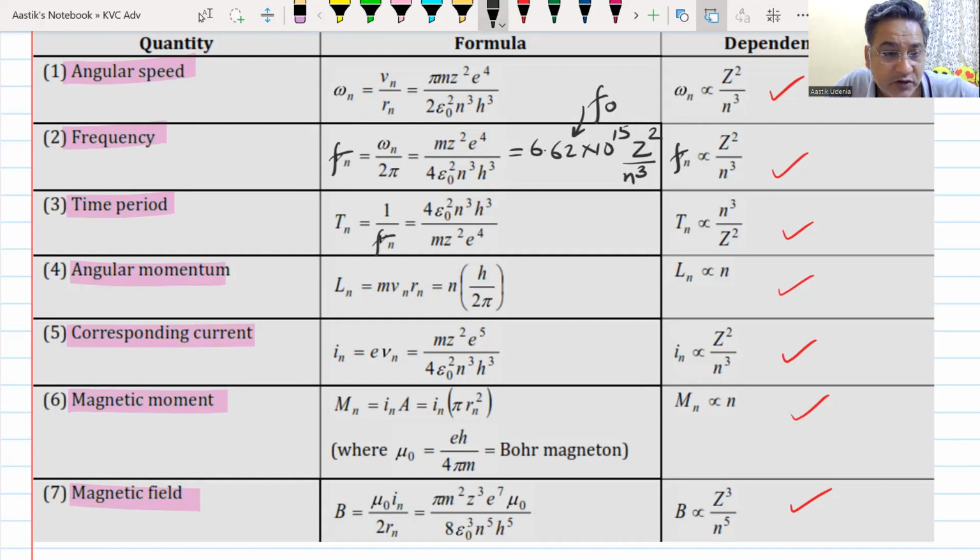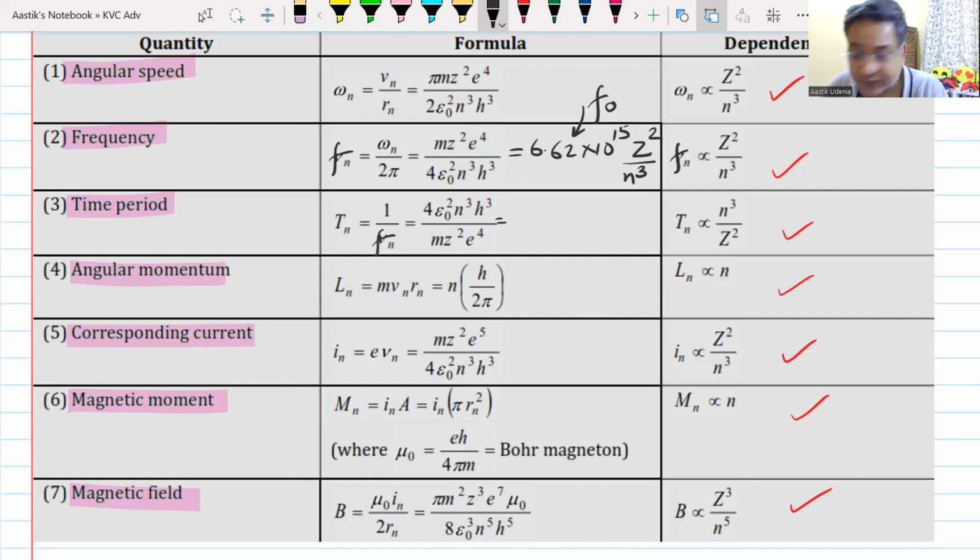What do you mean by F naught? F naught means the frequency of an electron orbiting in the first Bohr radius of hydrogen atom.